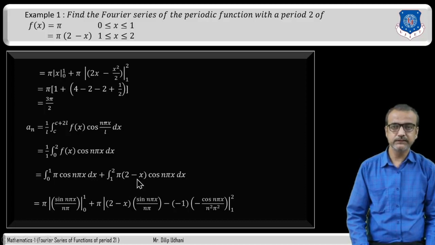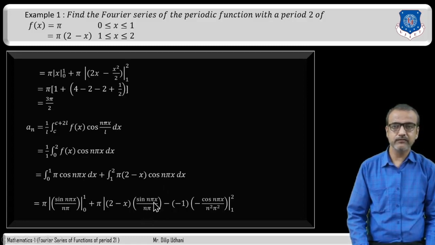So the first function, that is 2 minus x, will be as it is. Then we have to find the derivative of this function. 2 is a constant value and its derivative will be 0. Minus derivative of x is 1, so we will write minus 1 over here. Then we will integrate cos n pi x. The integration of cos n pi x is sin n pi x upon n pi.